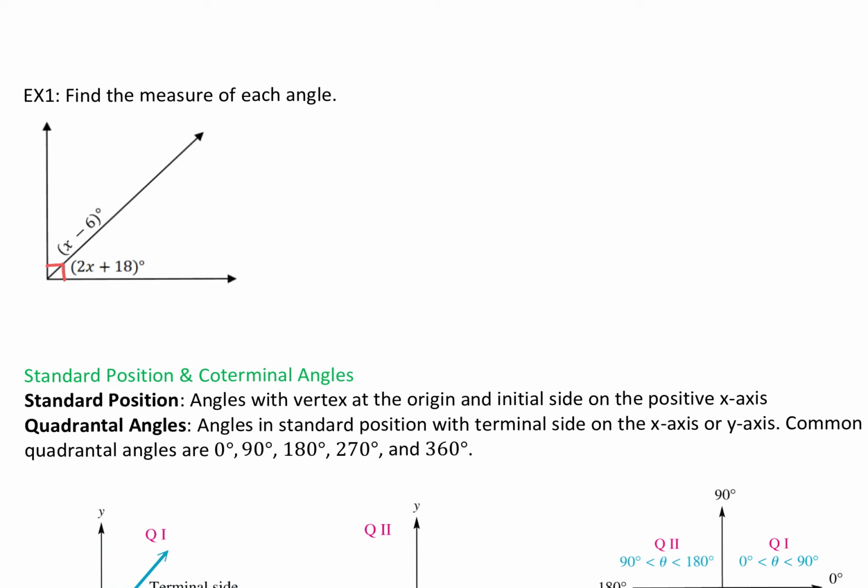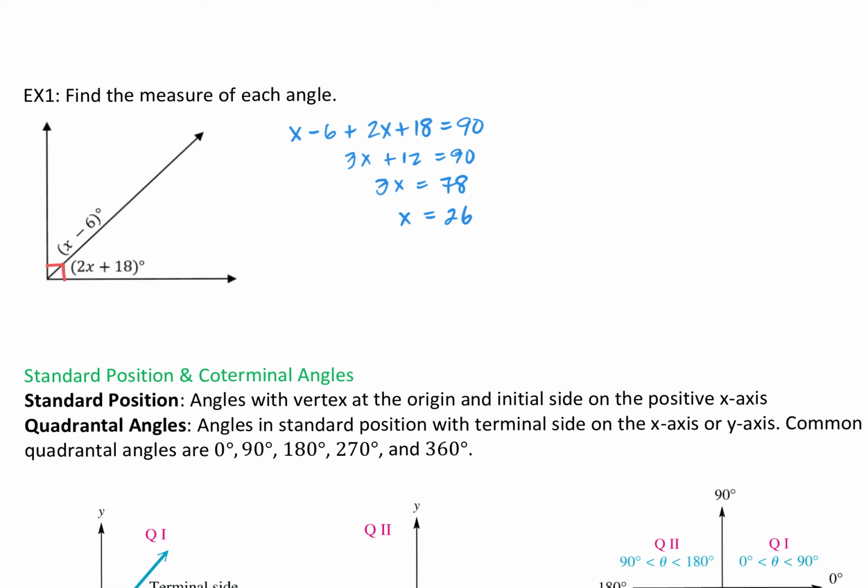I'm going to leave off the degree symbol and take the first angle, which is x minus 6, and add it to the second angle, which is 2x plus 18. That should equal 90 degrees. I get 3x plus 12 is equal to 90. 3x is equal to 78. Then dividing by 3 gives 26.